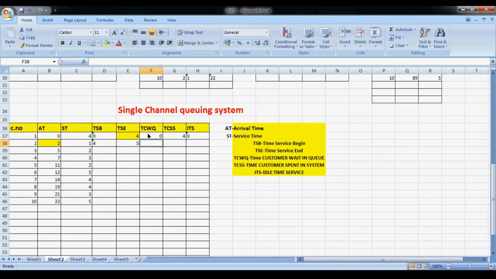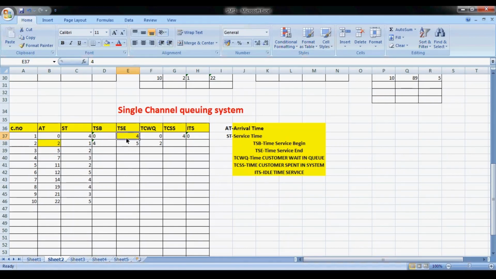Now time customer waits in a queue: whether the customer is waiting in a queue or not. Let us see. The server is going to finish at 4, but the customer is coming earlier than the server finishes. So the difference between time service begin and the arrival time is 2. That becomes the time customer waits in a queue. So it means the customer is waiting 2 minutes for the server to finish the operation.